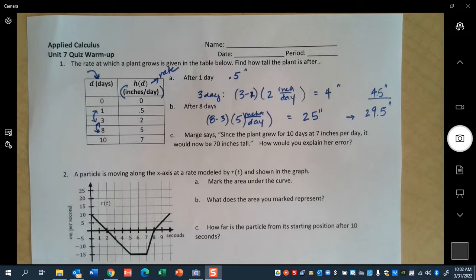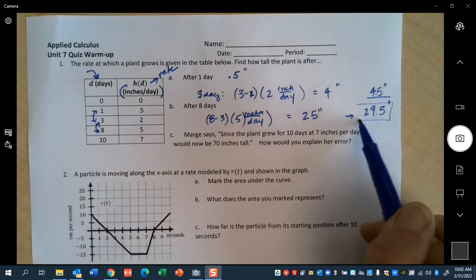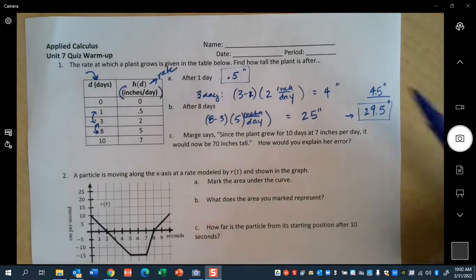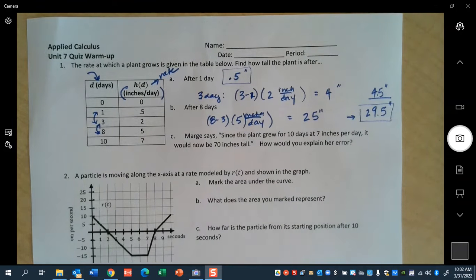All right. So after 8 days, my plant is 29 and a half inches tall. So that's my answer here for B. After 1 day, it's here. Notice I still had to calculate this in between day in order to get my calculation after 8 days.